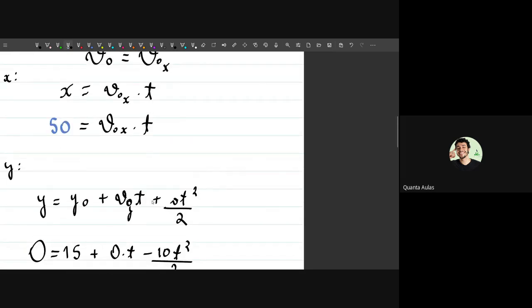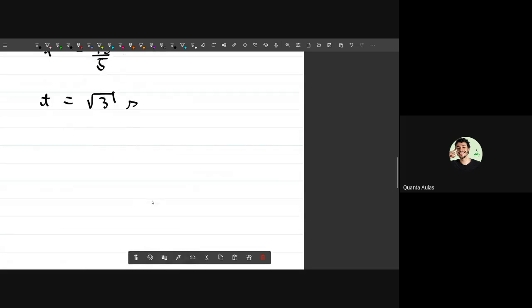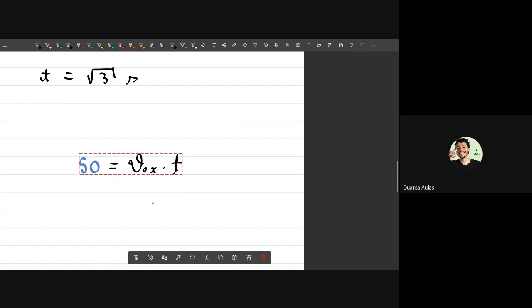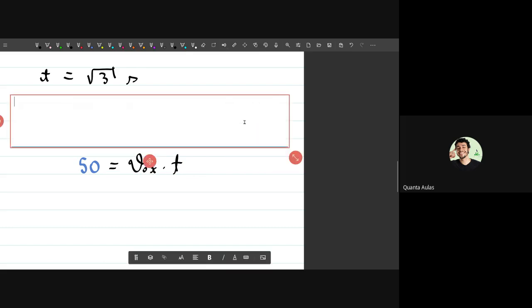But okay, so we have the time, and we have this equation, so we can get the velocity now. I will write some things about it.